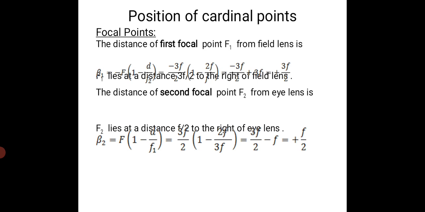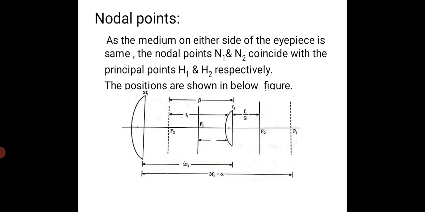Similarly, the distance of the second focal point F2 from the eye lens is beta 2 = f(1 - d/f1). After substitution, beta 2 = plus f/2, indicating F2 lies at a distance f/2 to the right of the eye lens.